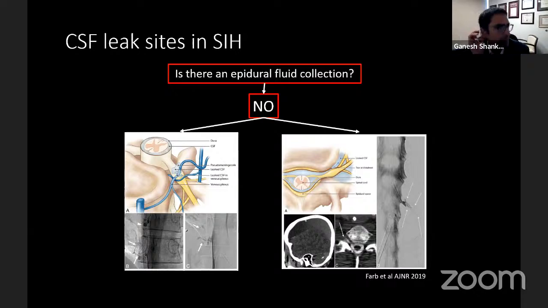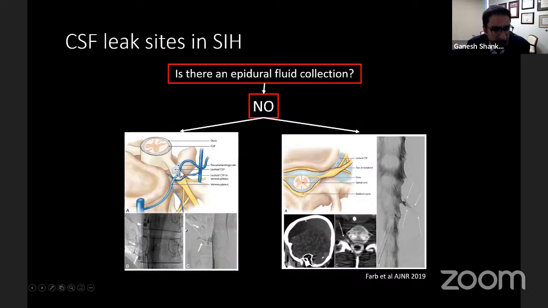If there's no epidural fluid collection, it can be one of these two entities. The first, and I think there's an increasing appreciation for this type of CSF shunting, is a CSF venous fistula, in which there is an abnormal connection between the venous drainage system and the paravertebral region and the nerve root sleeve.